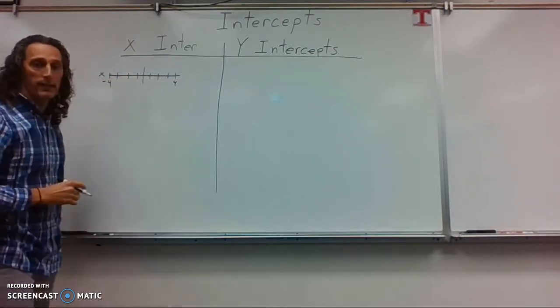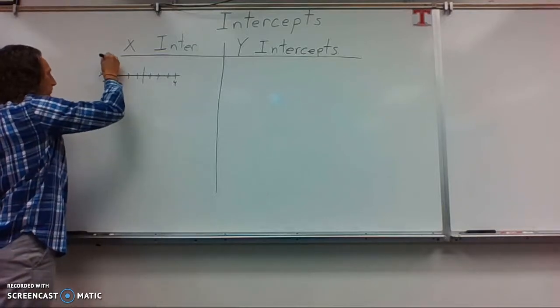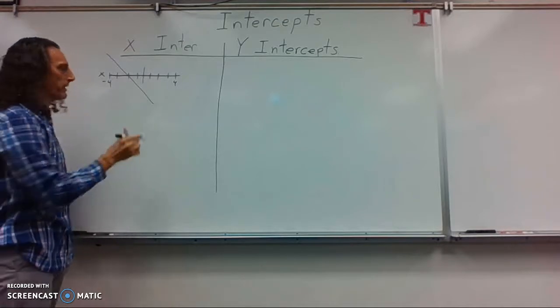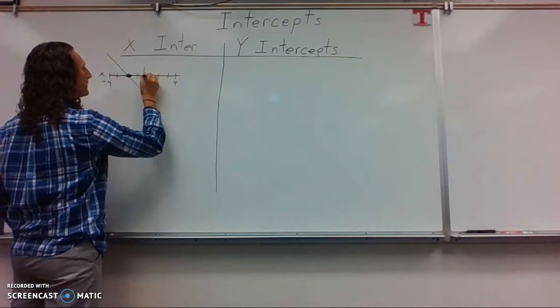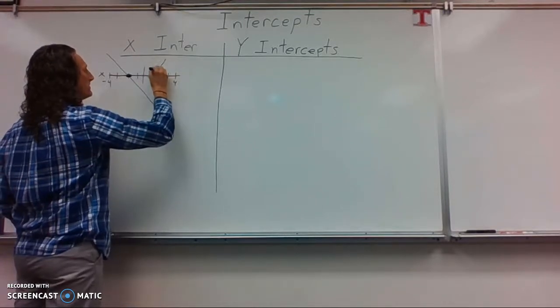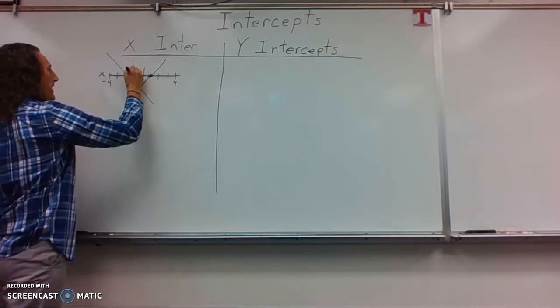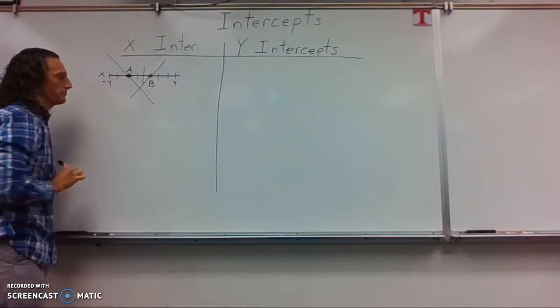All right? So again, an intercept is just a line that passes over the axis, and it's at that specific point where it touches it. I'm going to call this intersection A, and I'm going to call this intersection B. Okay?